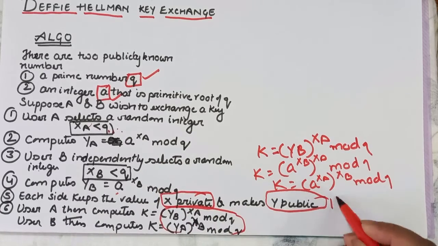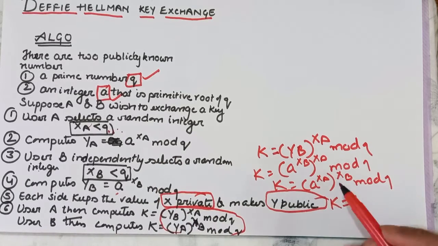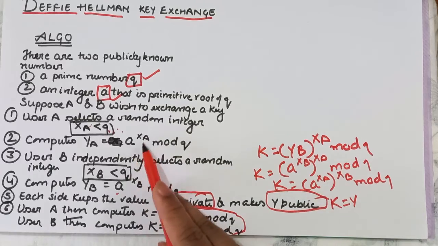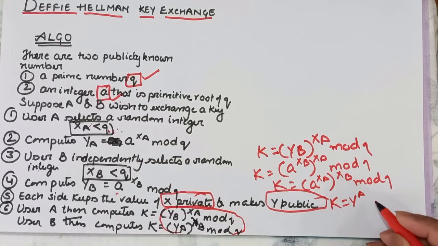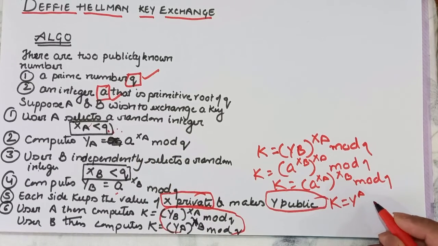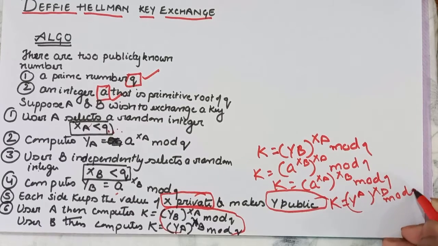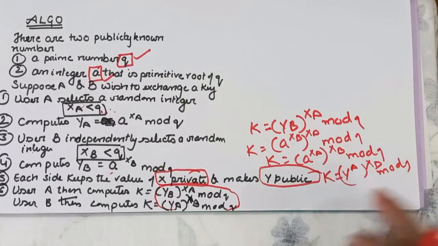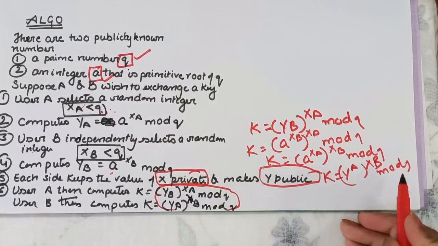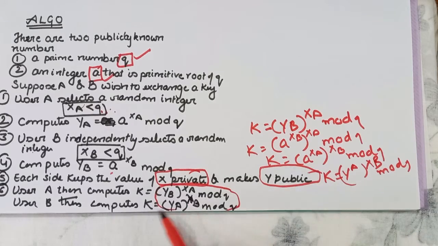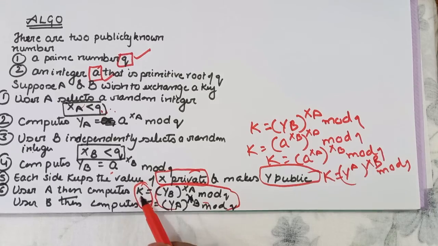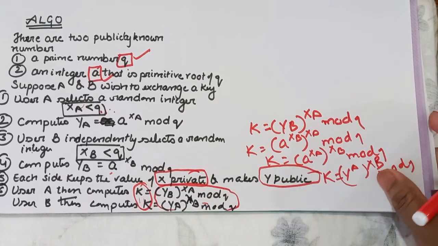So you can say that a to the power xa is equal to ya, and the whole to the power xb mod q. This is equivalent to this value, right? So similarly, both these equations are going to give me the same value, and that is the concept.